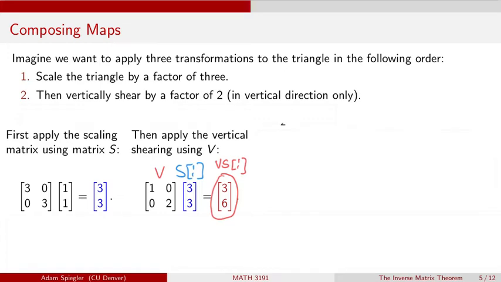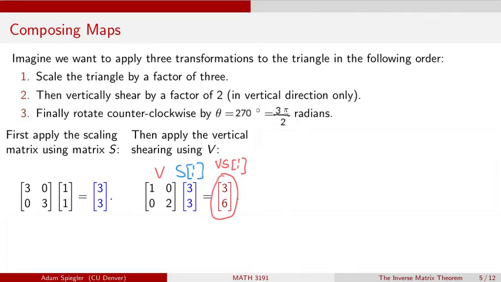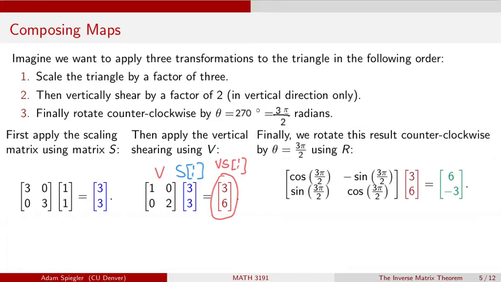And then the third transformation that I want to add on last was a counterclockwise rotation in R2 by 270 degrees, which was 3 pi over 2 radians. And that rotation matrix, we plug in 3 pi over 2 in place of theta, and then apply this rotation matrix R to the result that we got after applying the previous two maps.